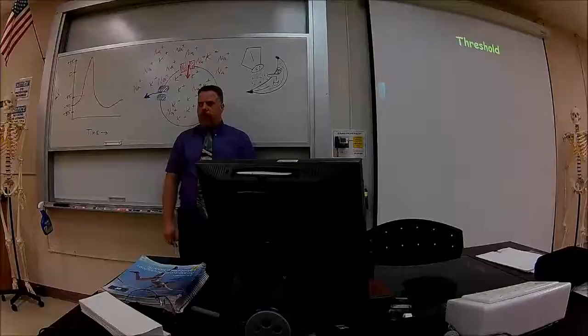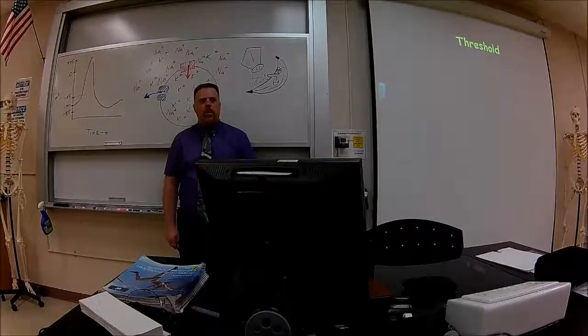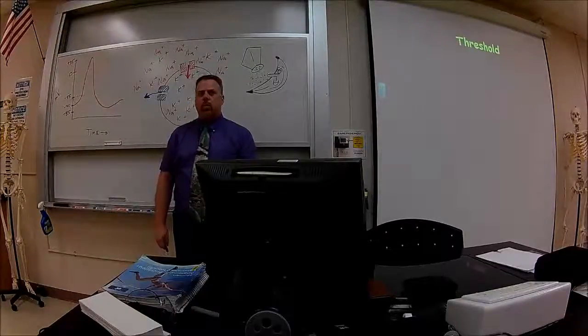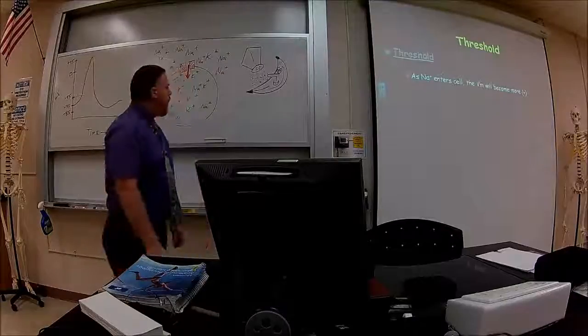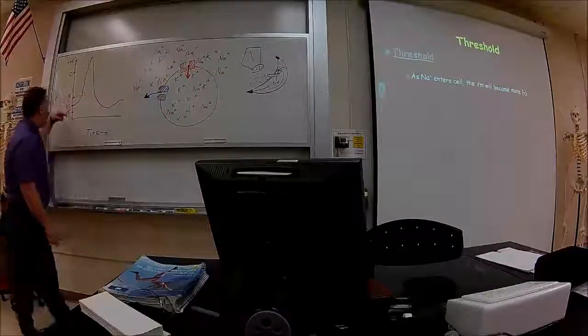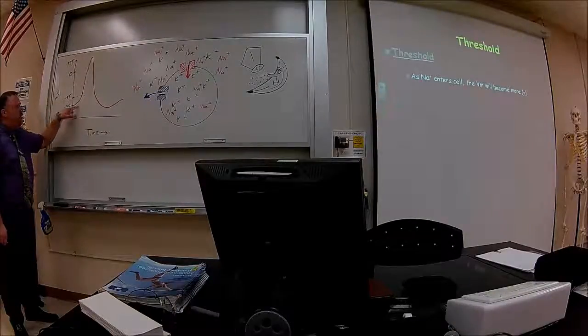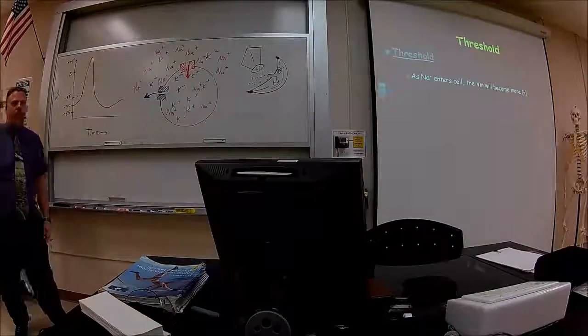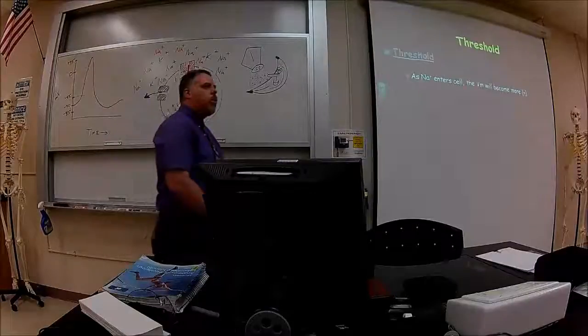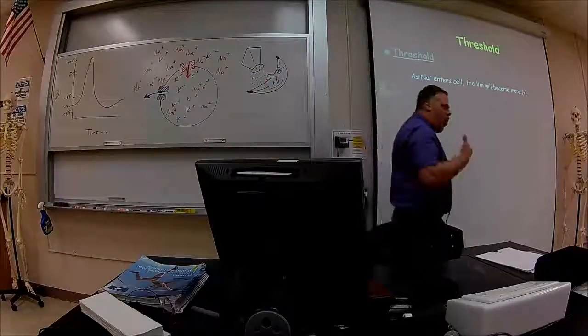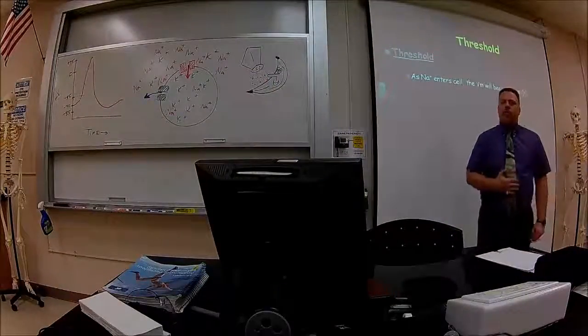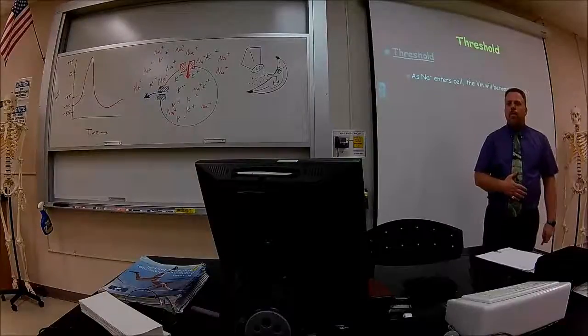Any questions so far? All right, now let's talk about the threshold. The threshold is that as sodium comes in, it has to reach this negative 55. If it only makes it to negative 60, we're not going to have an action potential. The action potential will occur once we reach negative 55. Okay?